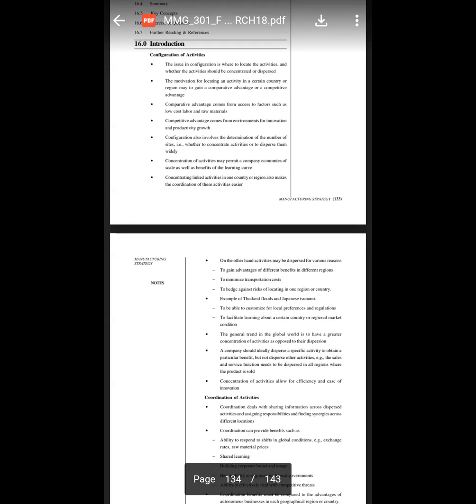Concentration of activities may permit the company economies of scale as well as the benefits of learning curves. Concentrating linked activities in one country or region also makes the coordination of these activities easier. So they are giving the example of concentration of activities and coordination of activities.